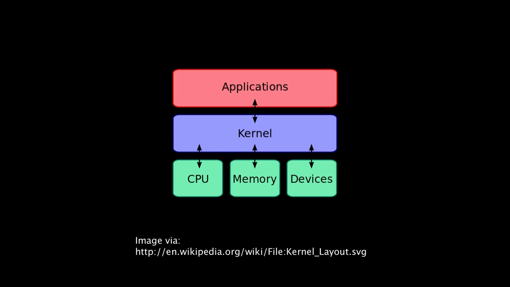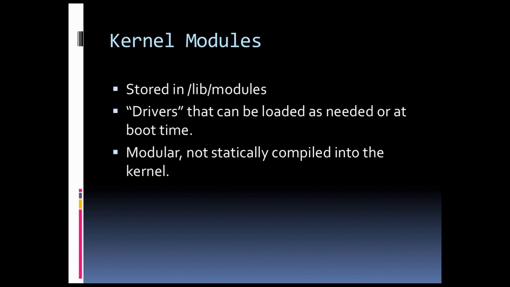The kernel is really great. It sits between you and your computer, and it just knows how to talk to these devices. For the kernel to know how to talk to some piece of hardware, it needs to have a module that can tell it how to do that. Those modules usually can exist inside of the kernel. In other words, they can be compiled in, and the kernel can have that knowledge built into its brain.